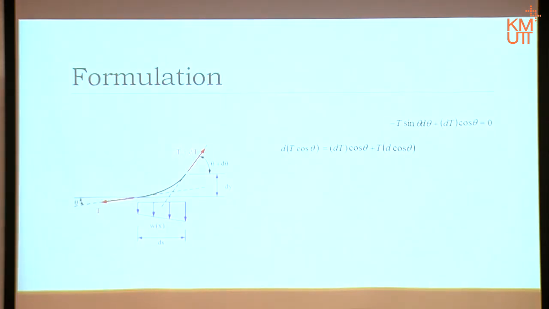You use chain rule, right? I didn't prepare for this part, so I have to write on the board. d cosine theta by dx is equal to d cosine theta by d theta times d theta by dx.